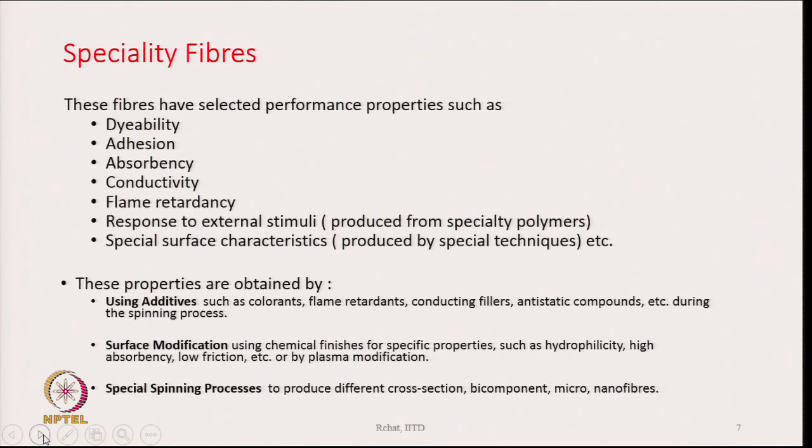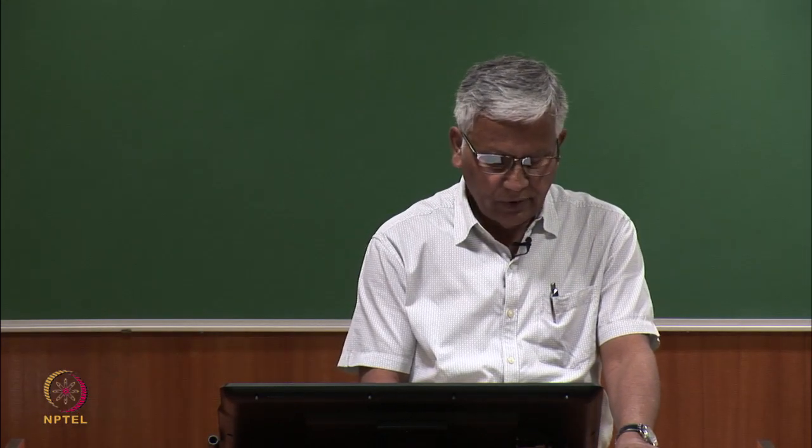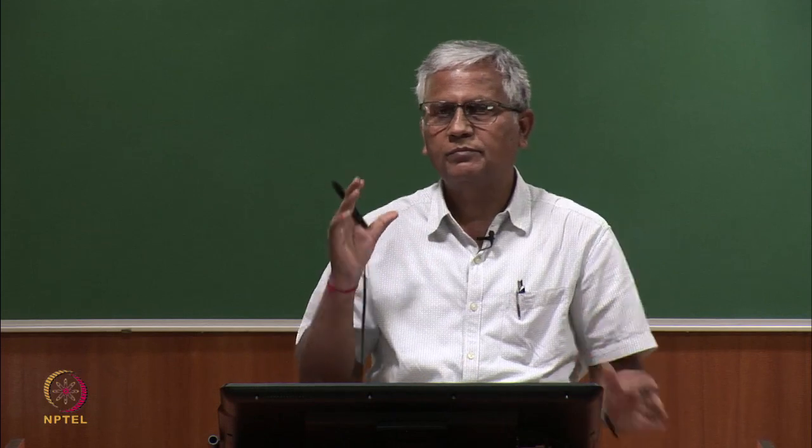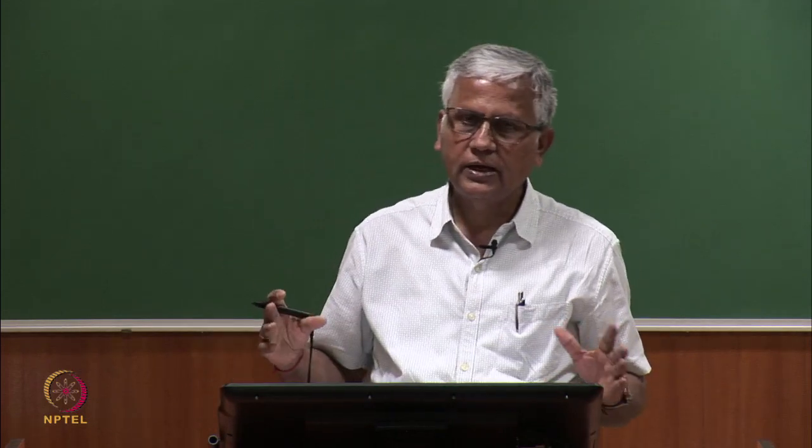So, these are the three different methods: either by using additives, or by modifying the surface, or by some special spinning process, we can change many properties of the fiber, and these are known as specialty fibers. So, as a designer, we must be aware of the type of material which is available with us, so that we can give much better and better product.